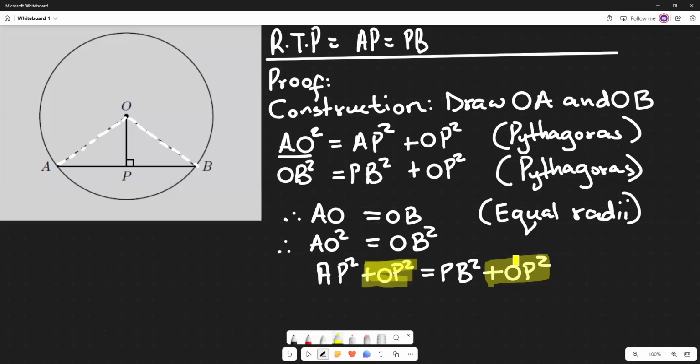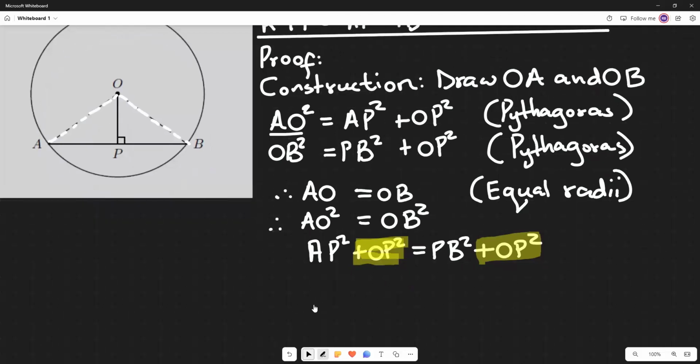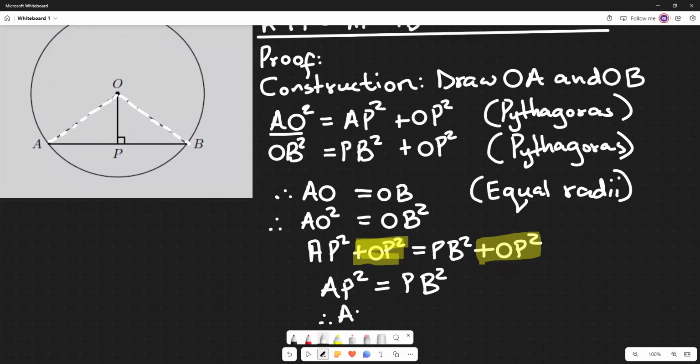So you're left with AP squared equals PB squared. If you square root both sides, you have therefore AP equals BP, which is proven. You always say proven at the end.